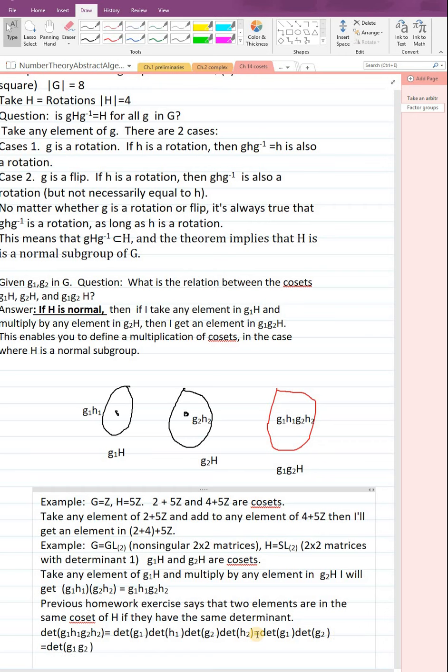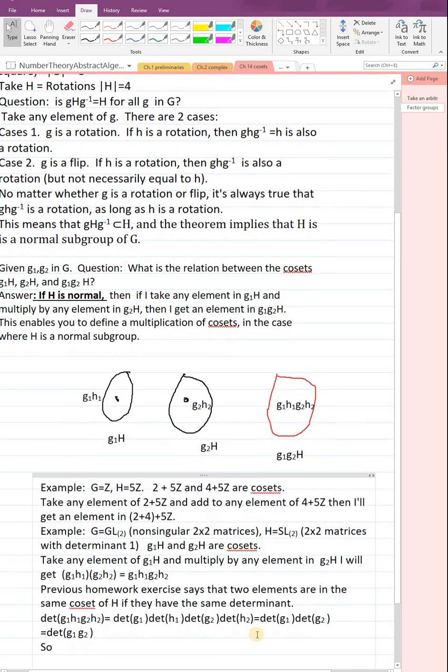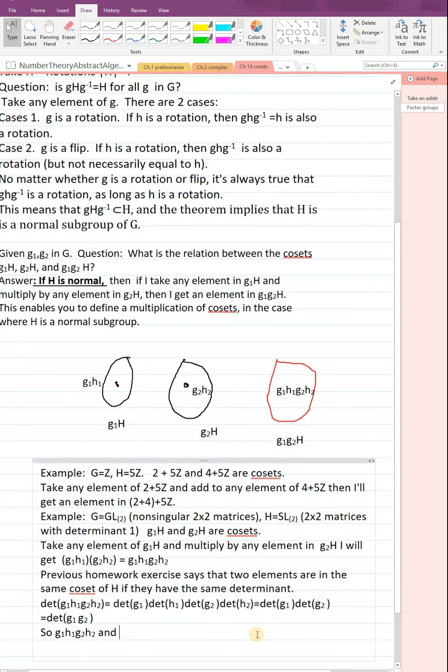That tells me that this and G1G2 are in the same coset.